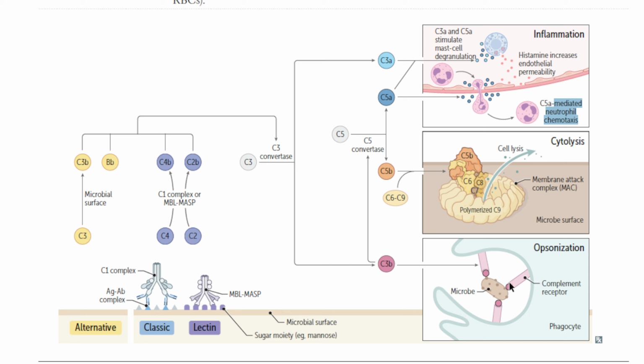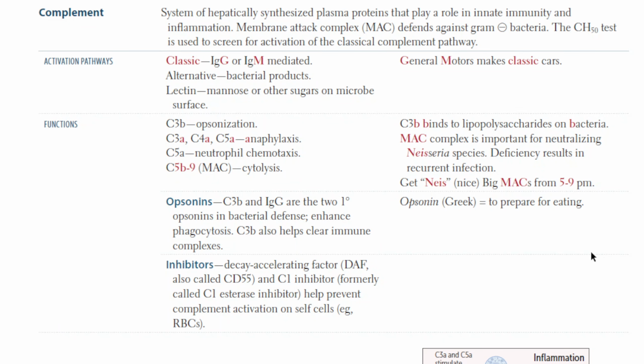This is a very graphic. This is the whole graphic that we just learned at the top and the page before. What we learn here: C3a, C4a, and C5a, all of this is for anaphylaxis.